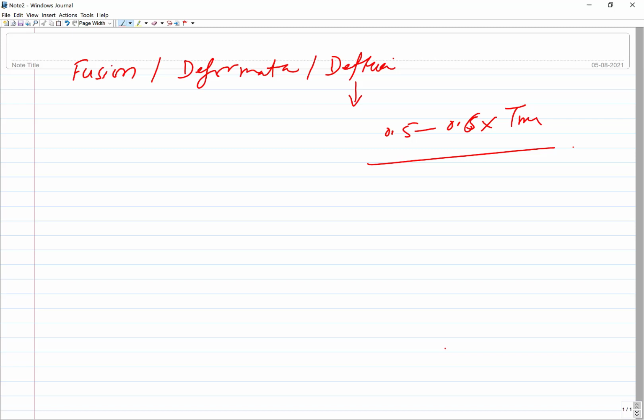Tm is the melting point of the metal to be joined, in Kelvin.